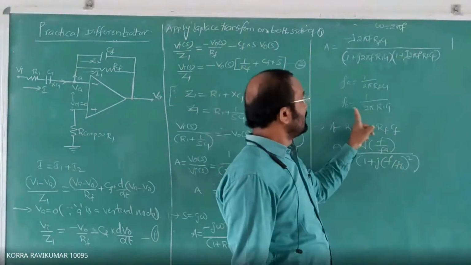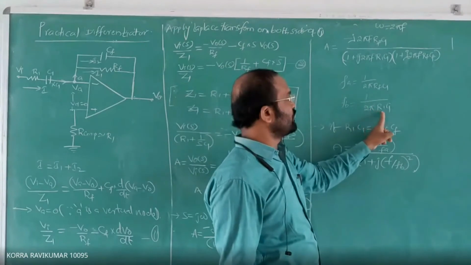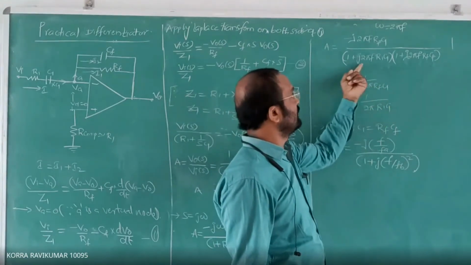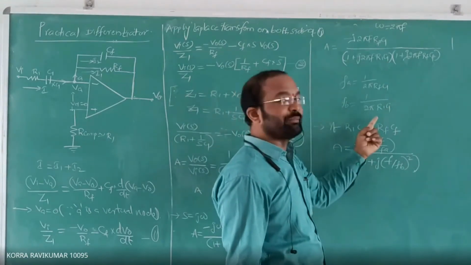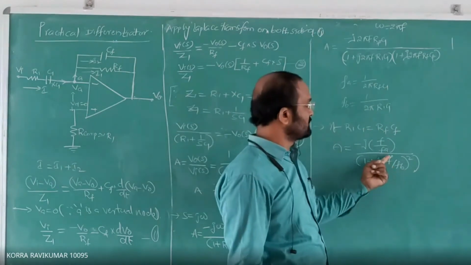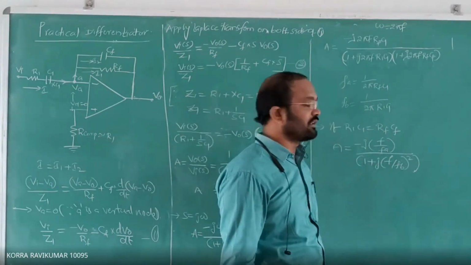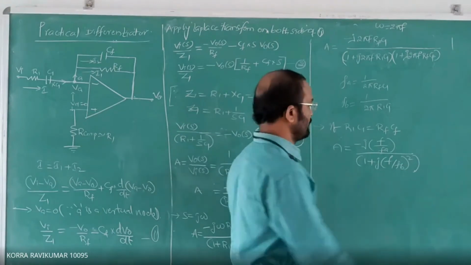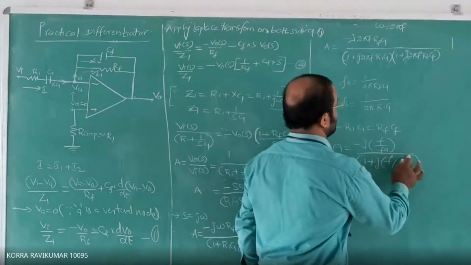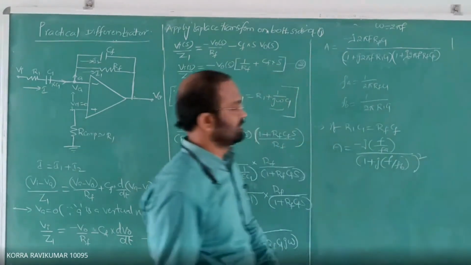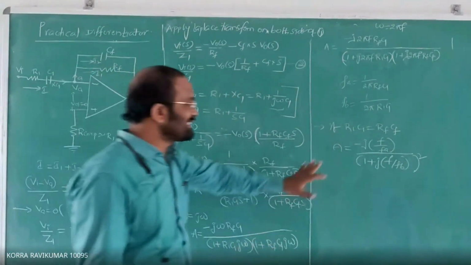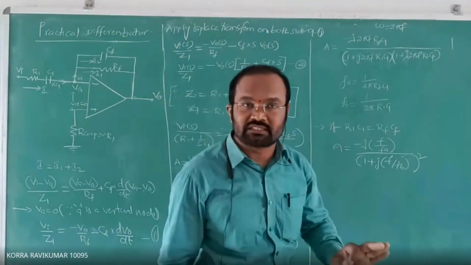So then replace fB, which is equal to 1 by 2 pi R1 C1, with fB. Then the expression becomes (f by fB) whole square. So this is the gain of a differentiator circuit.